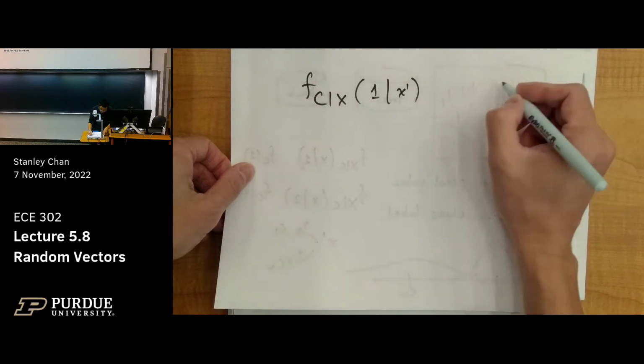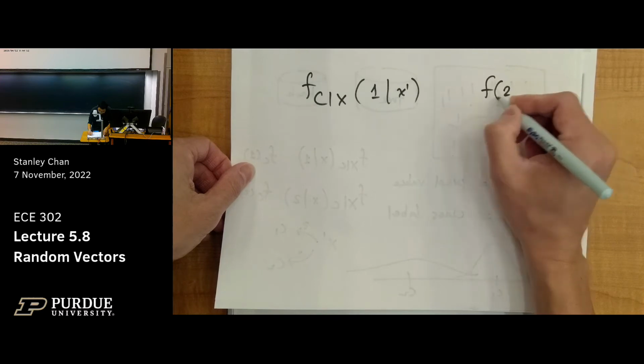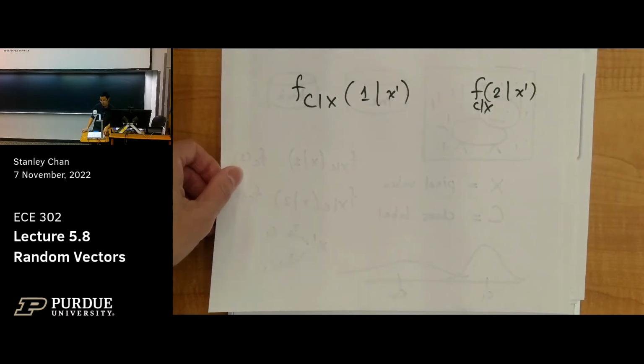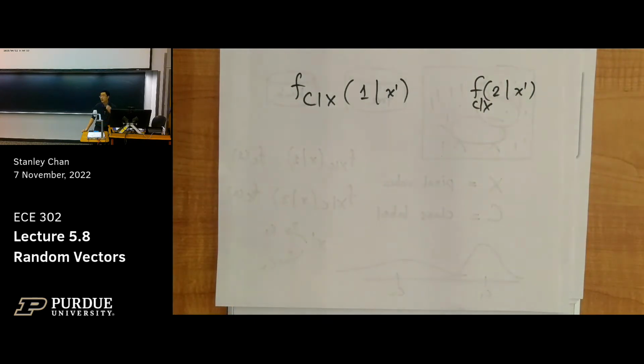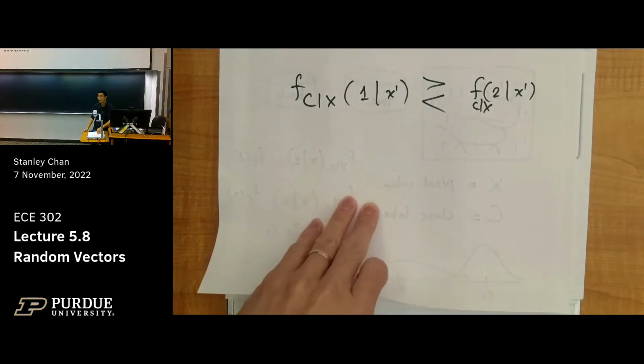And clearly, this x prime is given. So you have the two probabilities of C given x prime. Okay, so this is class 1. This is class 2. The x prime is the testing sample that is given to you. It's the same testing sample for both sides. So you want to check which one is bigger. Okay?